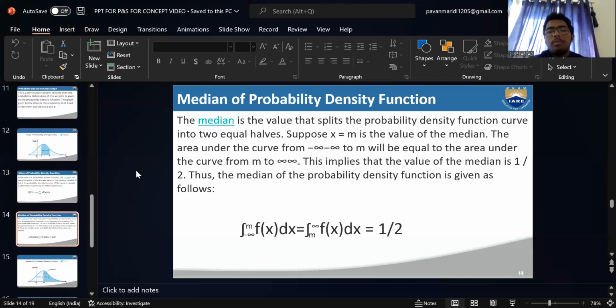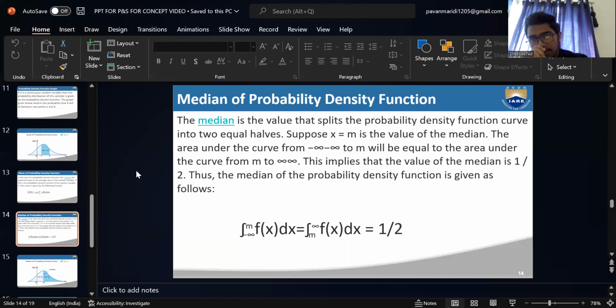Median of probability density function. The median is the value that splits the probability density function into two equal halves. Suppose x is equal to m is the value of the median. The area under the curve from minus infinity to m will be equal to the area under the curve from m to infinity.